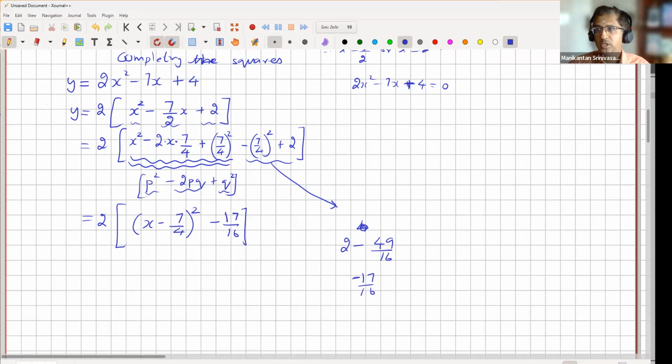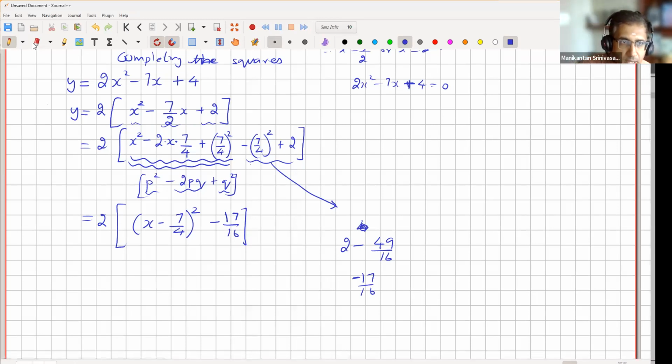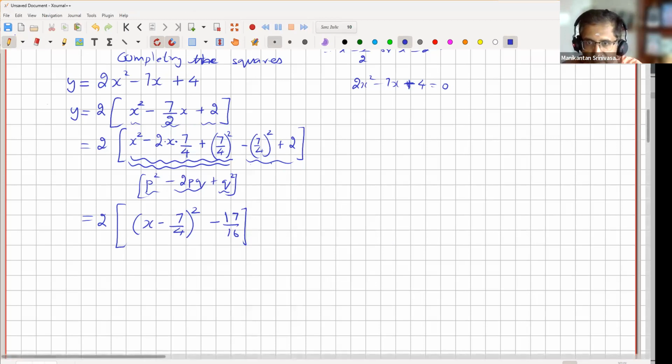So not always do we need to factorize to be able to solve. By completing the squares, we have reduced it to a form which will help me in solving an equation if you set it equal to 0. How will it help? Now, if I come to the right here and just follow the exact same steps, so far I've not done anything.